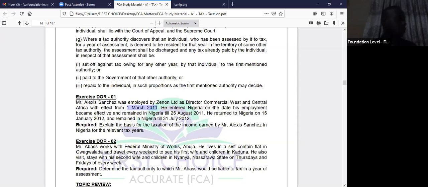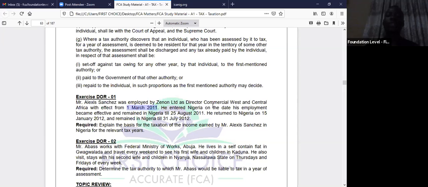Okay, so that's it. The next one, Mr. Abbas works with the Federal Ministry of Works, Abuja. He lives in a self-contained flat in Gwagwalada and travels every weekend to see his first wife and children in Kaduna.